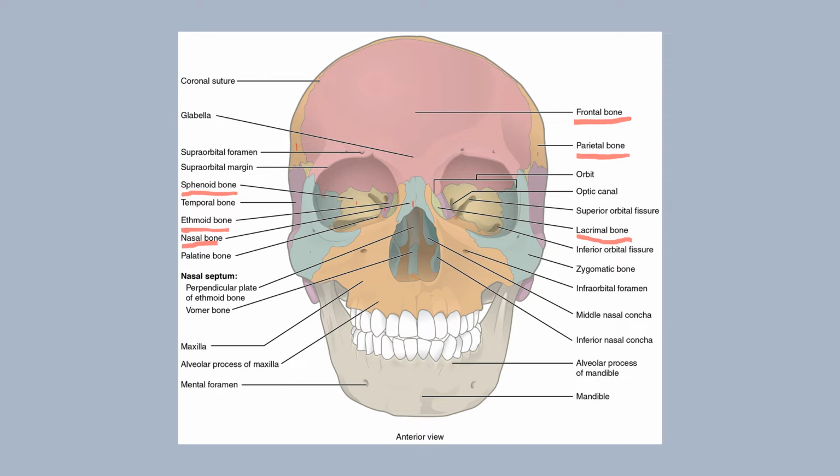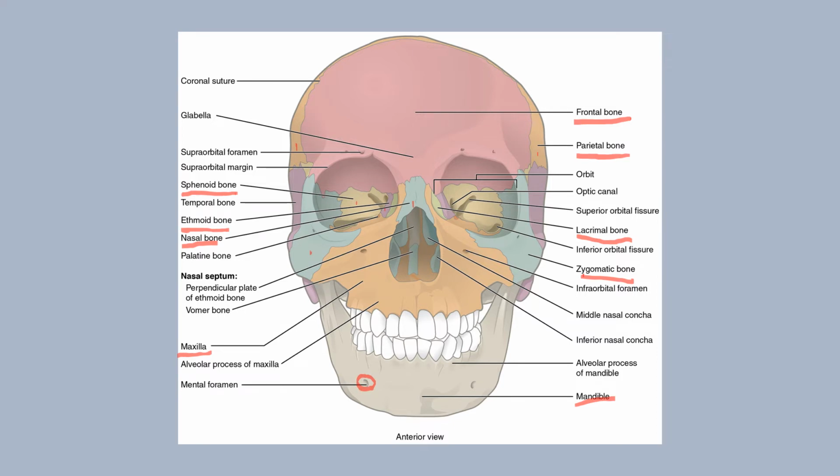The cheekbone is the zygomatic bone. The upper jaw is known as the maxilla, and then the lower jaw is the mandible. Now, the lower jaw has these very obvious holes on either side here.